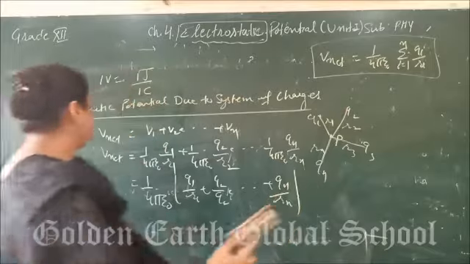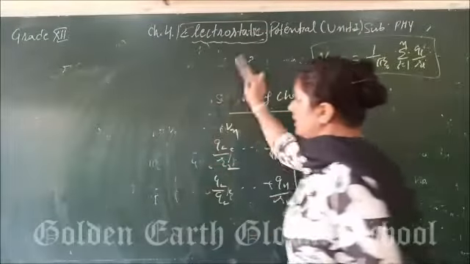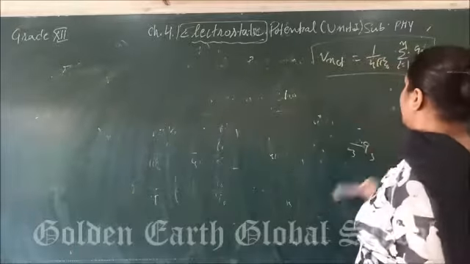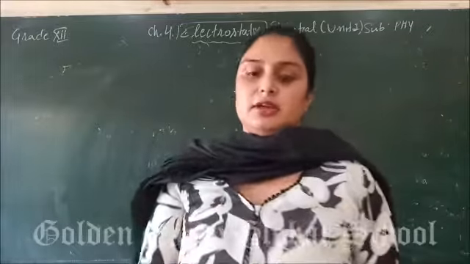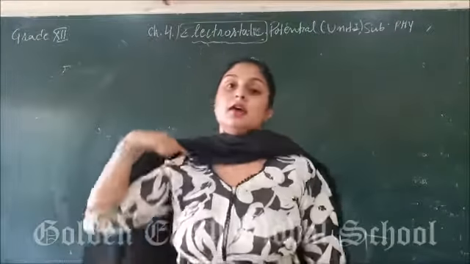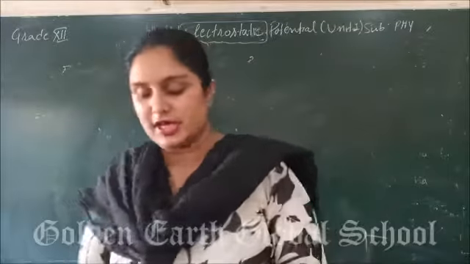Now the next topic is we have to calculate electrostatic potential due to an electric dipole. What is an electric dipole? That we have done in the last chapter. An electric dipole is the arrangement of two equal and opposite charges.